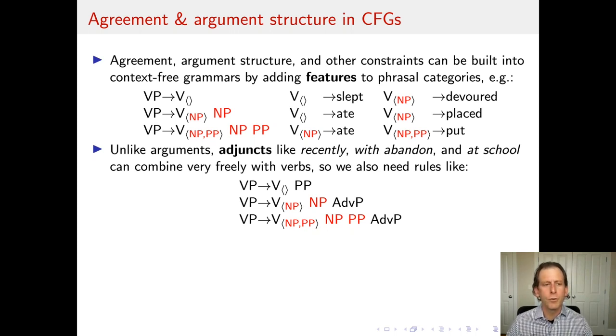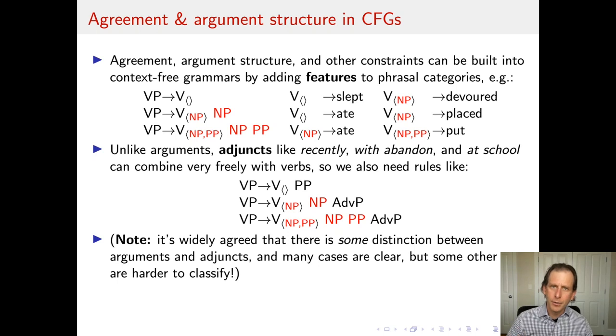And so we also need a wider set of rules that allow adjuncts like recently, which is an adverb phrase, with abandon, which is a kind of prepositional phrase, and at school, which is a kind of locative phrase. Those can also be used. So for example, we might have a verb being used intransitively with a prepositional phrase. Notice now that this PP adjunct is not recorded on this verb right here, and adverb phrases likewise.